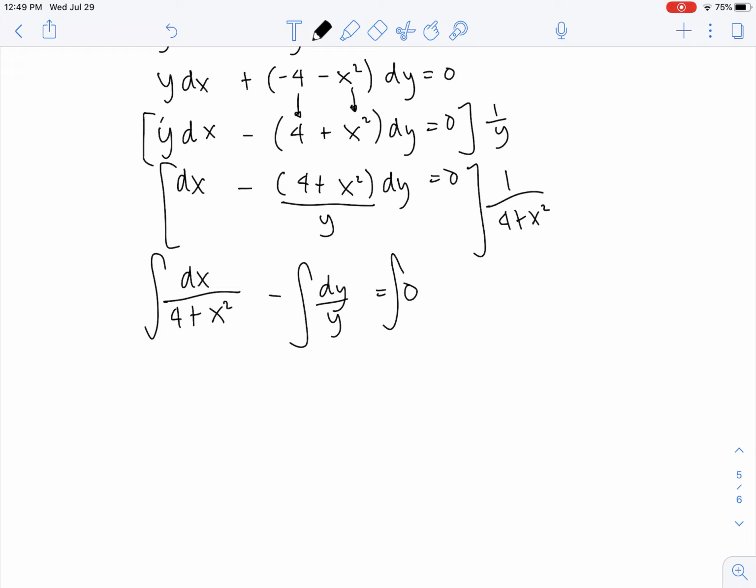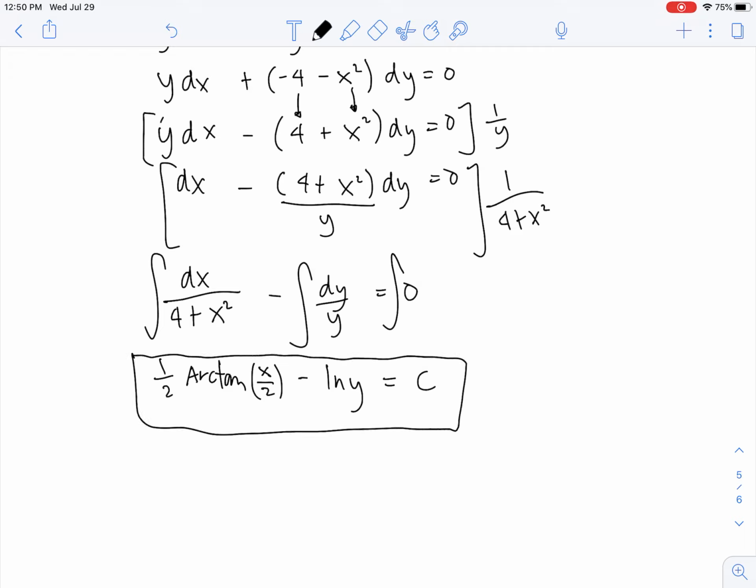This is just 1/2 multiplied by arc tan of x over 2. Then integral of dy over y is just ln y. The integral of 0 is just c. So therefore, this is now the answer.